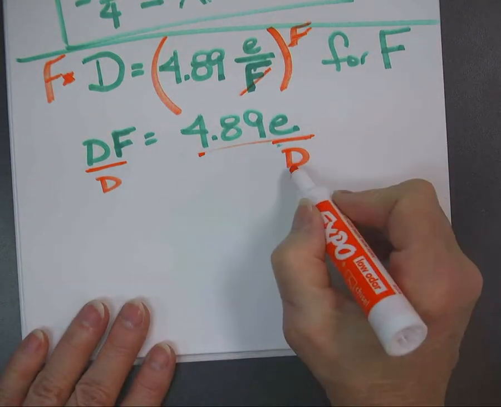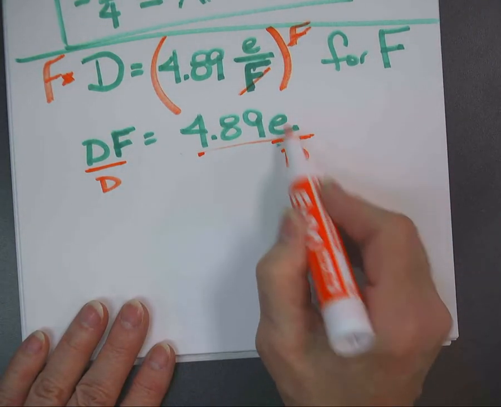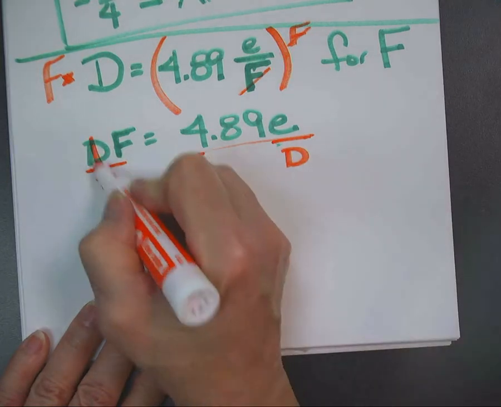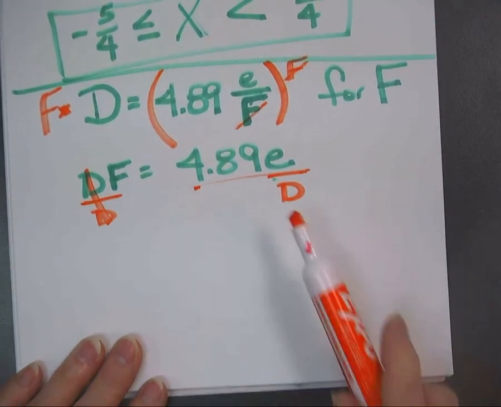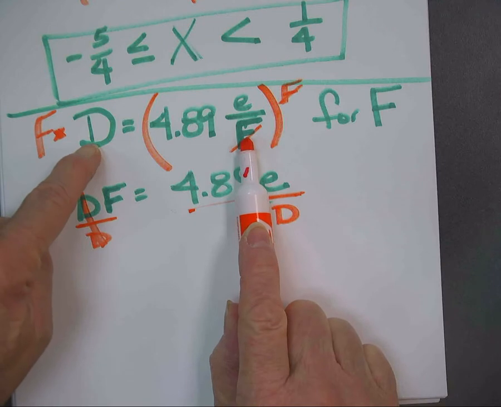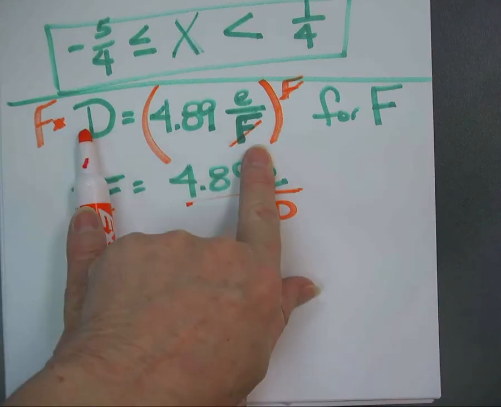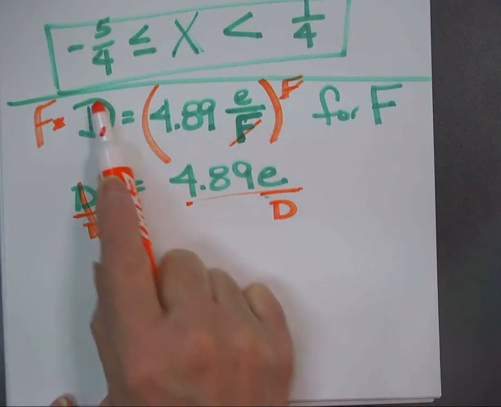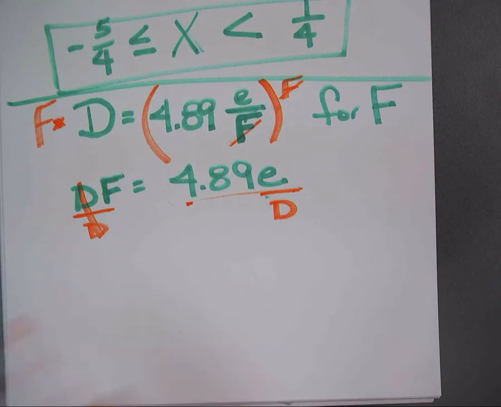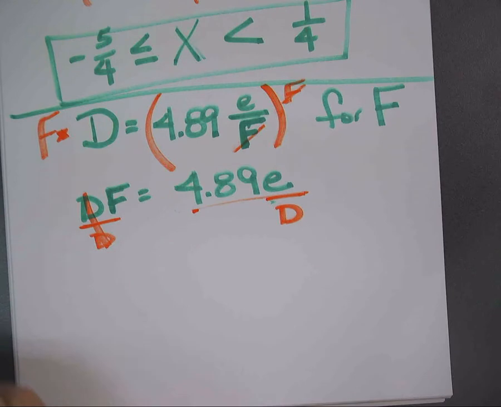So basically what happened when we solved this is the F and the D just switched sides. The F went over here, the D went down here. We just switched places. And that's your answer.